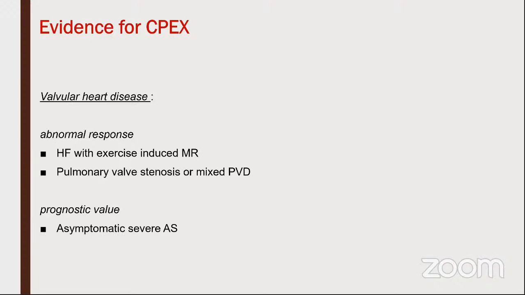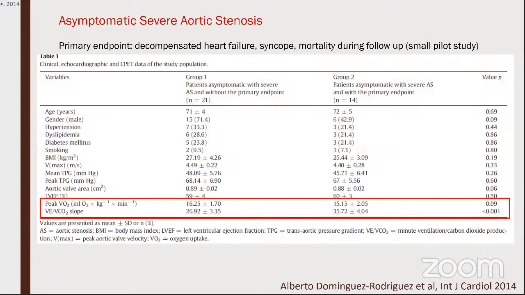This is quite an old, small pilot study from 2014, but it's used in some AHA guidelines on the use of CPEX, where they divided the patients with asymptomatic severe aortic stenosis into groups. After about 6 months, they looked at whether they developed symptoms or not.